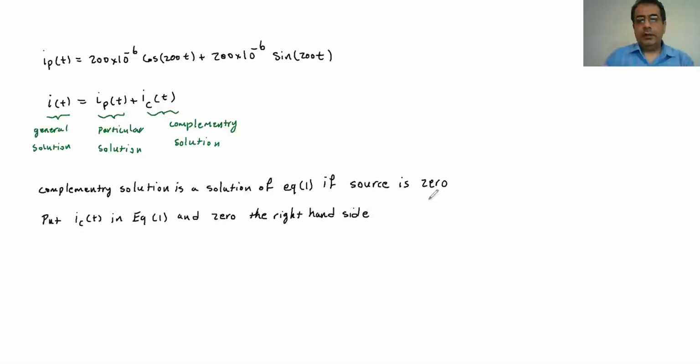Or instead of saying the source, let's say the right hand side is 0. So the forcing term is 0 if the right hand side of equation 1 is 0.